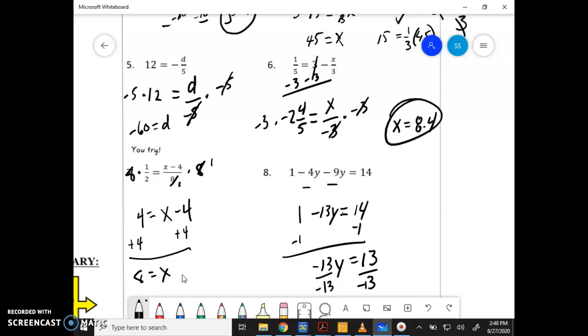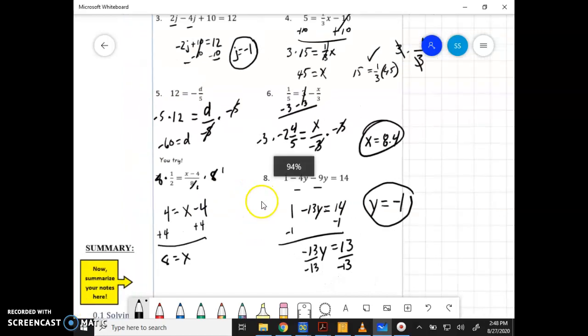So you have to divide by negative 13, not just 13. Negative 13 divided by negative 13 is 1. So we're left with 1y is equal to 13 divided by negative 13, which is negative 1. The signs are the same, so the answer is positive. If the signs are different, the answer is negative. So there we go.